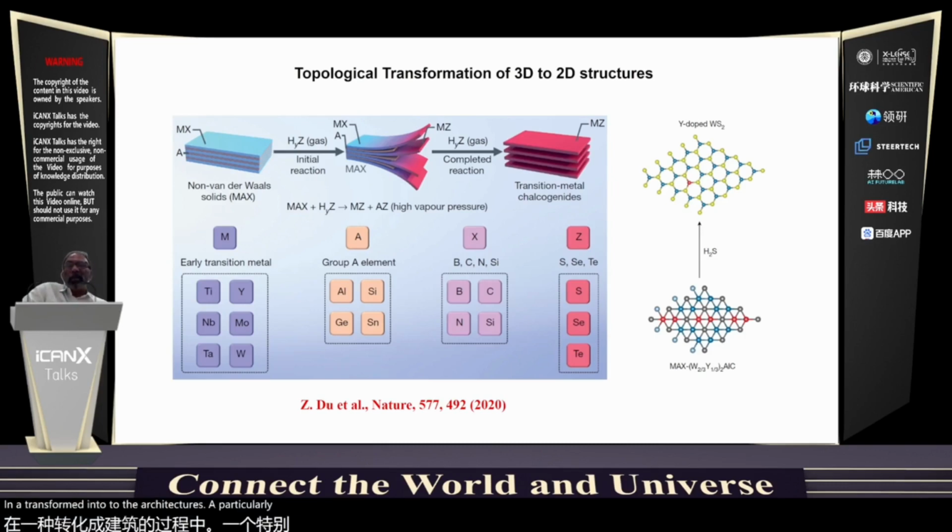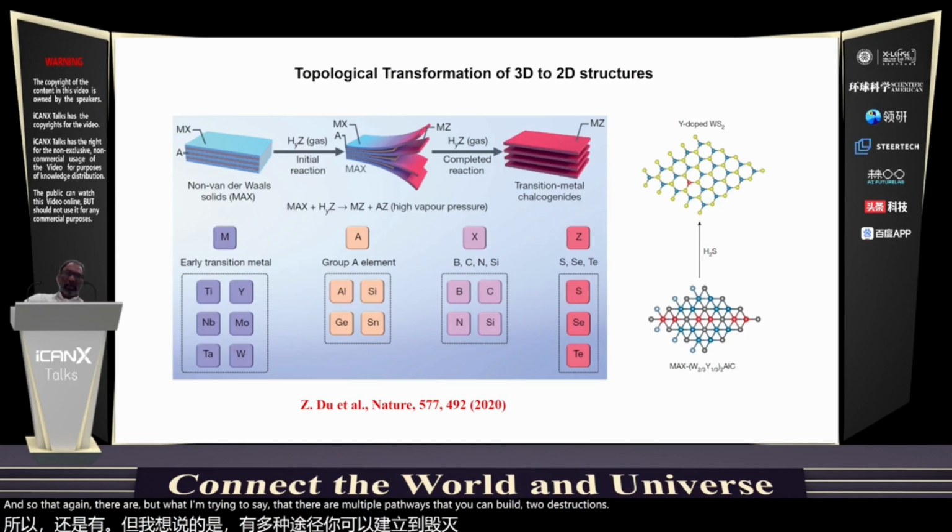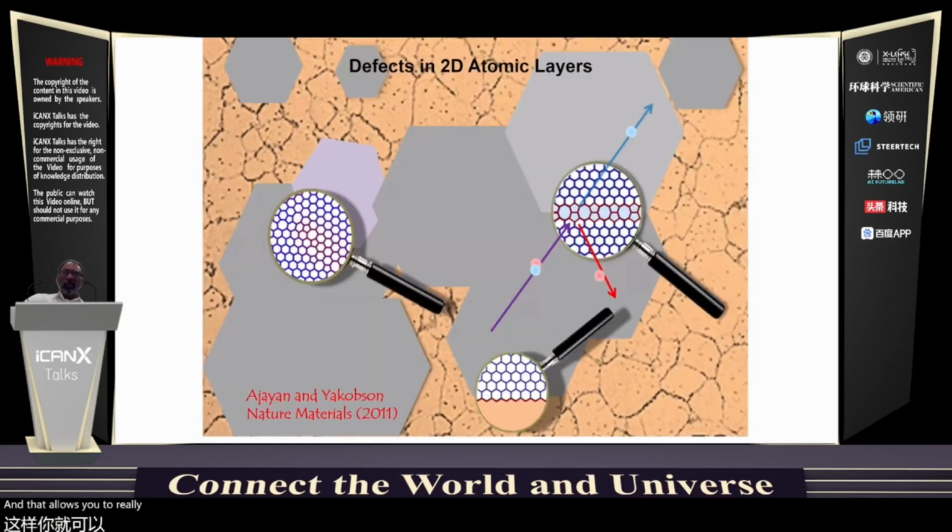Particularly starting with these MAX phases, they were able to show that by interaction with chalcogen vapors or hydrogen chalcogen vapors, they were able to create high quality doped intrinsic 2D materials by this topological transformation. And so again, what I'm trying to say is that there are multiple pathways to build 2D structures, and that allows you to really think about how you can assemble them into structures that would be of interest.